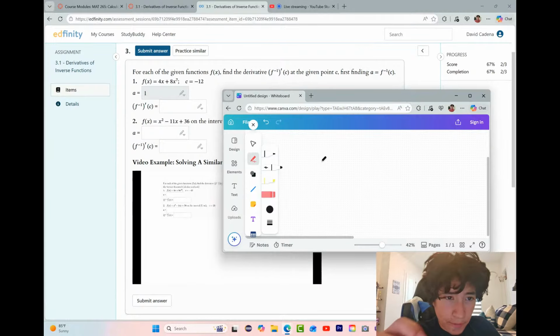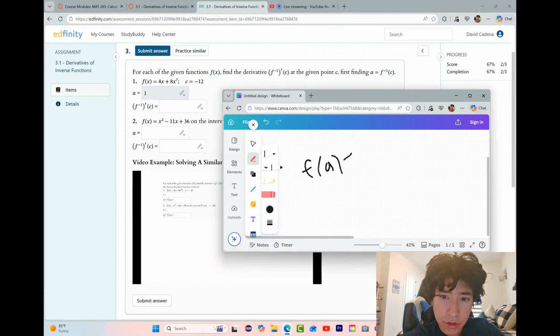Let's go back here. We know that f of a equals c, and we just found out that f of 1 equals negative 12.